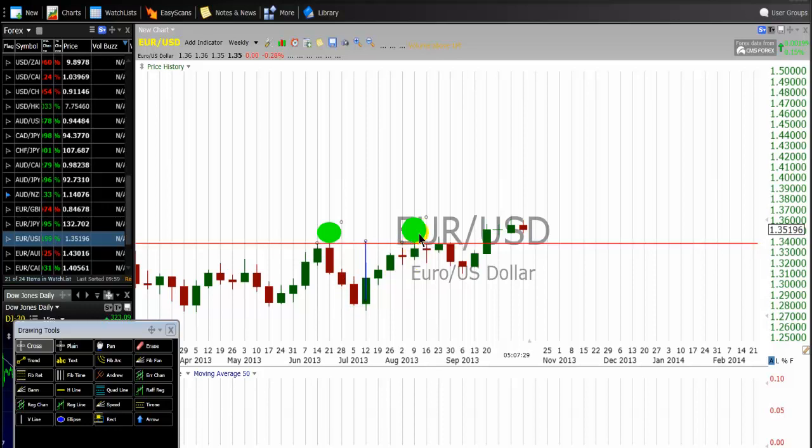This point here is what we call a cycle point. The price went down and returned back to the starting point. This point here is a cycle point.